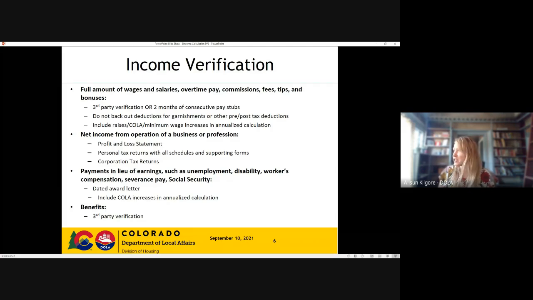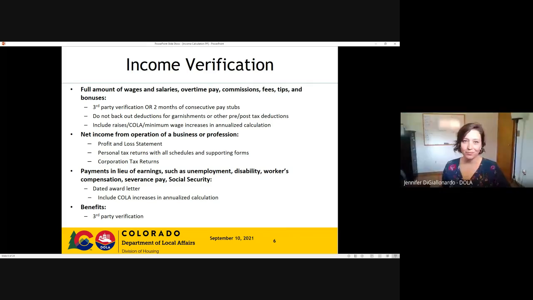And then Jennifer's going to touch on what qualifies for income verification. Thanks, Alison. So of course, we have many types of income that we have to verify in our housing world. First off, when we're looking at wages and salaries, we want to have third-party verification.